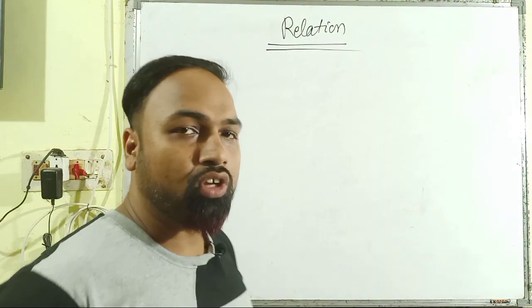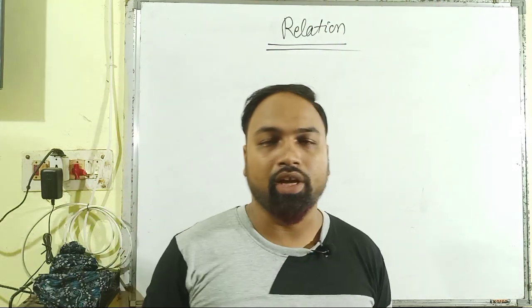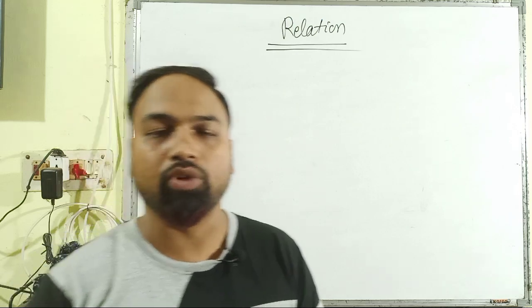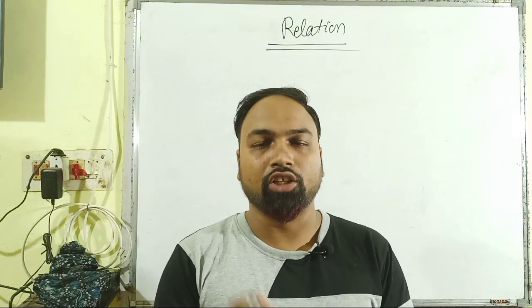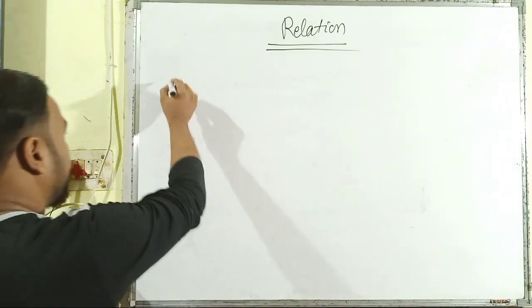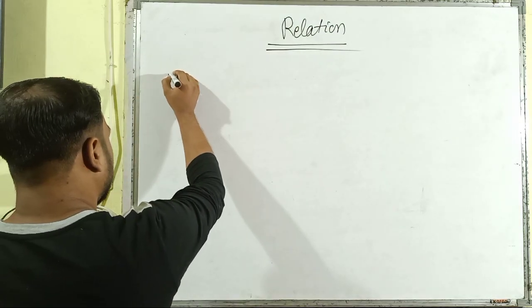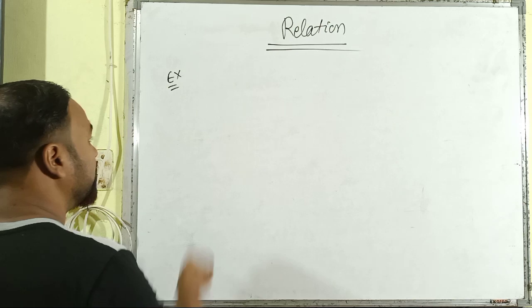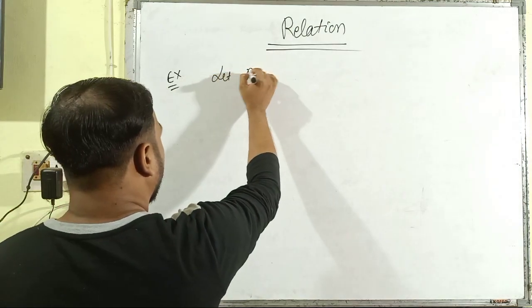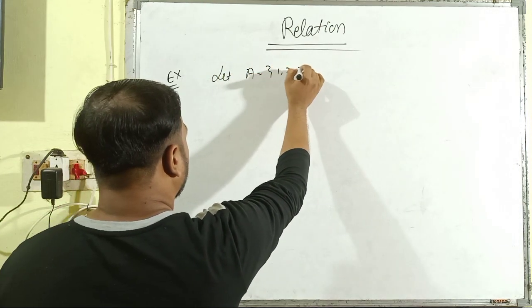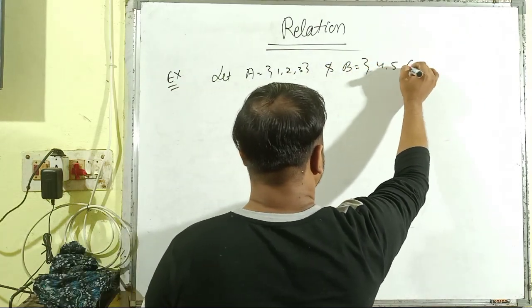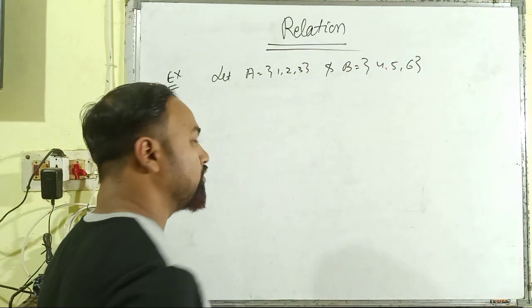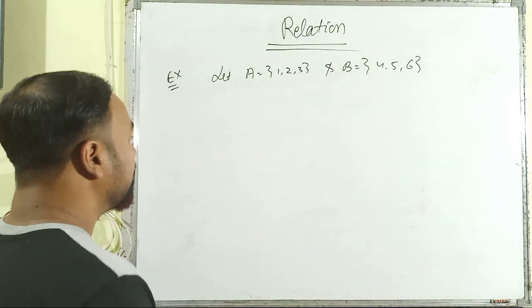Before going to the definition of relation, let us see an example based upon a relation, so that we can understand what a relation is and what fundamentals are there in the topic. Let set A equal {1, 2, 3} and set B equal {4, 5, 6}. Both are non-empty sets.